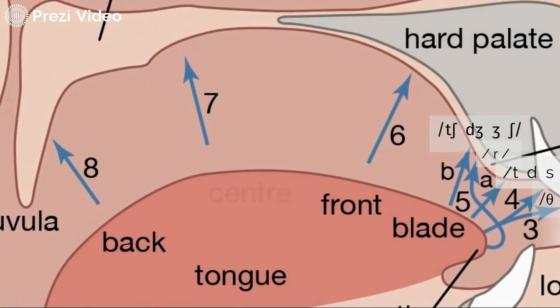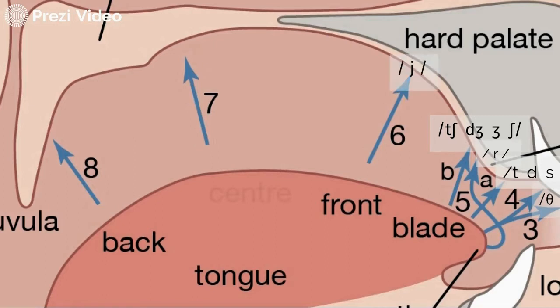The next sounds are ch, j, zh, and sh. They are made with a blade, the front of the tongue, and the rear of the alveolar ridge, or the front of the hard palate. Hence the term palato-alveolar.